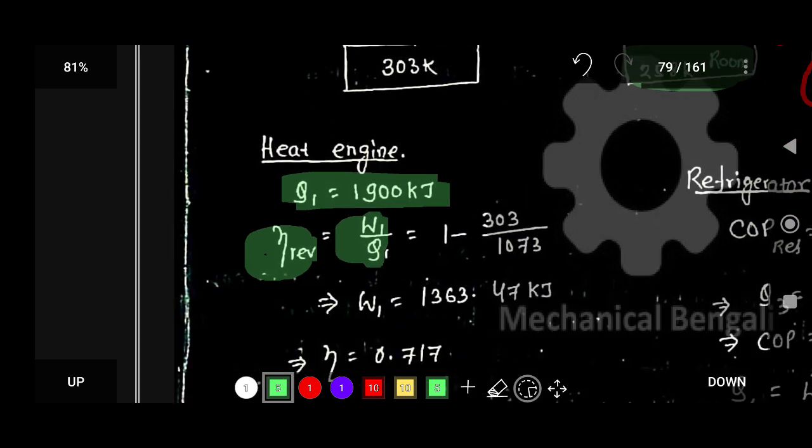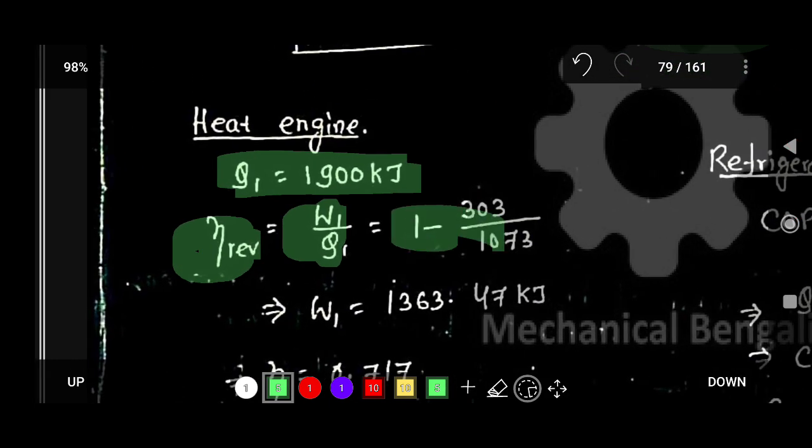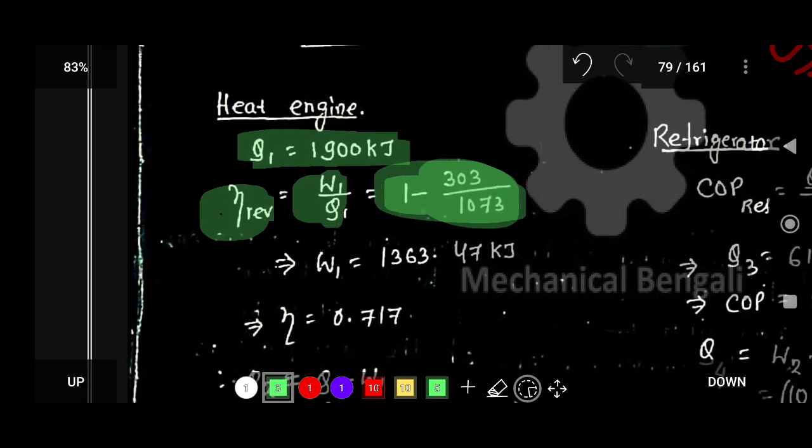So W1 by Q1 is equal to 1 minus TL upon TH. We know that, 1 minus 303 by 1073, and Q1 is given. So from here you can find the W1 value.